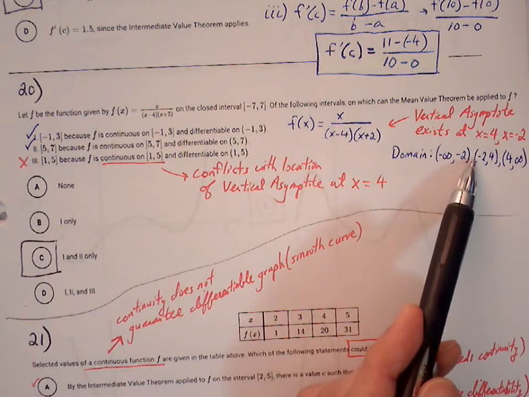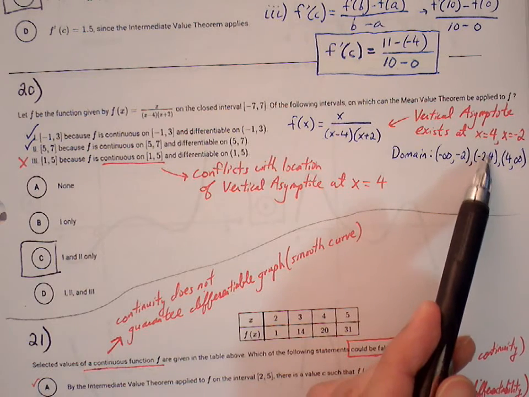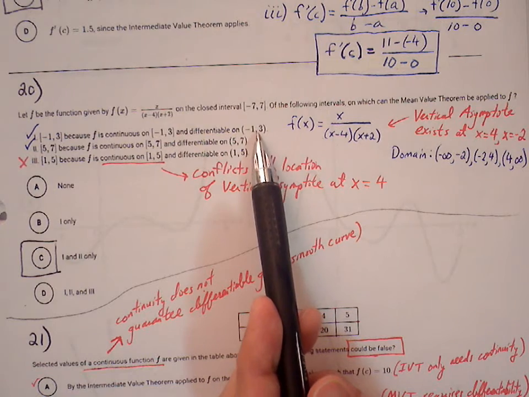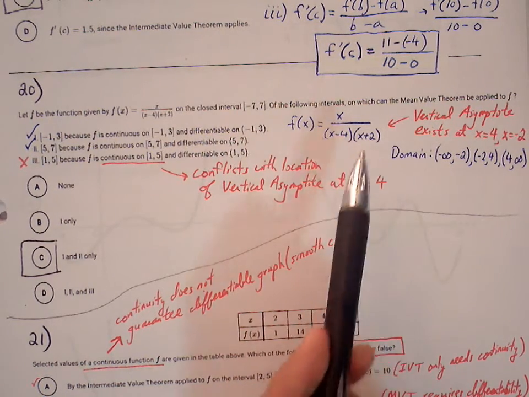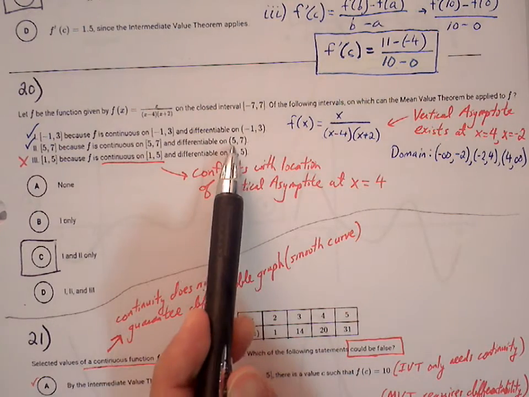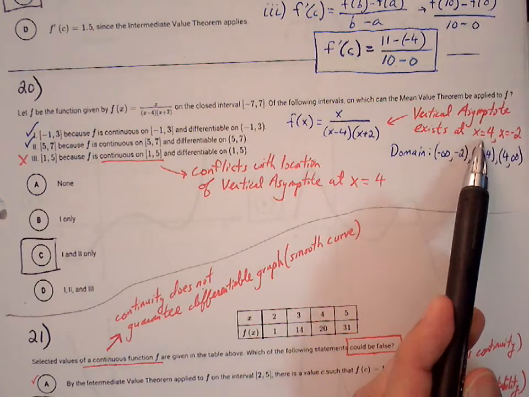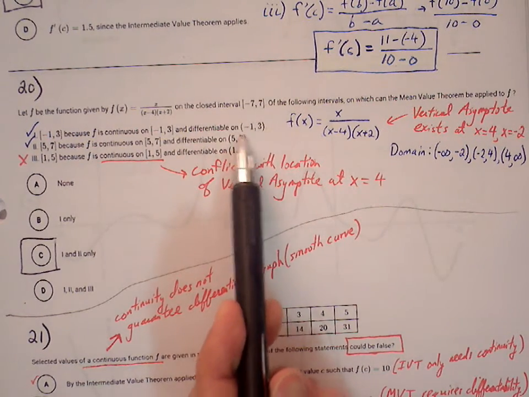Between -1 and 3 is fine because it falls safely between -2 and 4, so we're not going to have any vertical asymptotes causing issues there. Between 5 and 7, we're also safe because our vertical asymptotes are -2 and 4, so there are no conflicts there.